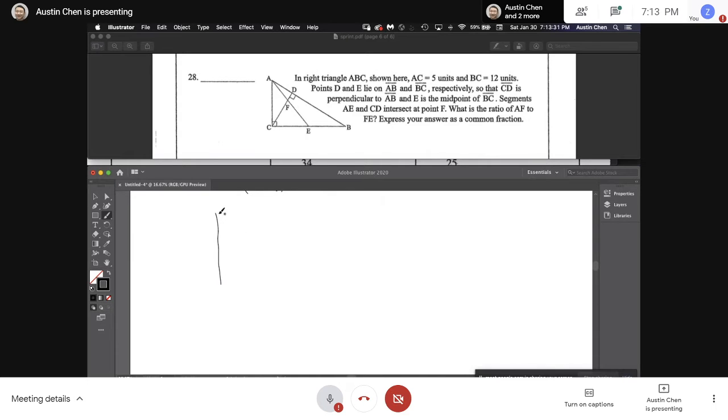So we have a 5, 12, 13 triangle here. And we have a perpendicular here. This is CD on the 13 side, and then we have a median here, AE, onto the CB side. Okay, and then we want to calculate the ratio of AF to FE.